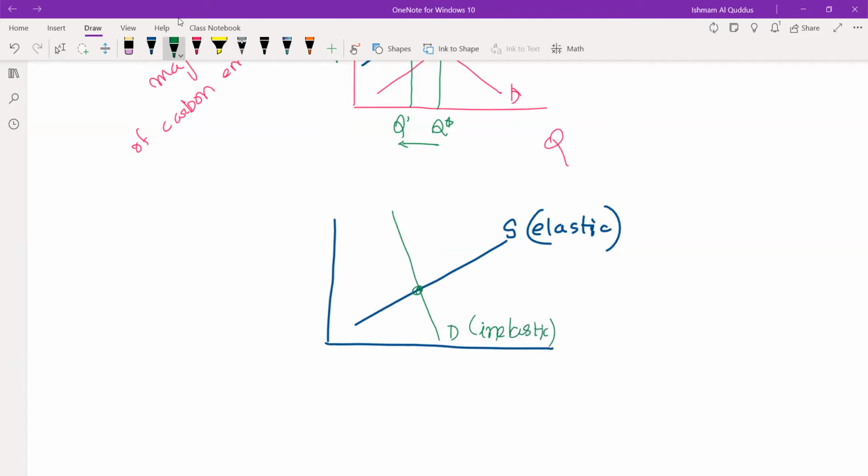Now, if the supply falls, you get a new equilibrium. So try to find this out. So P star, P prime, Q star, Q prime. So see that now you get the true picture because you are considering the elasticity of the demand.